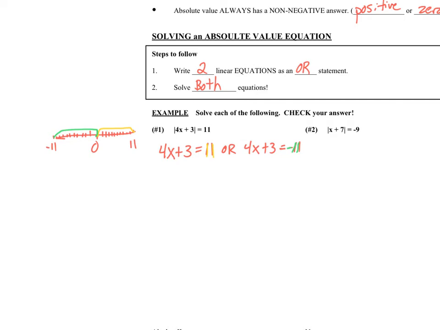So if we're solving, you'd minus 3, and you would get 4x equals 8, and then divide by 4 to get x equals 2.